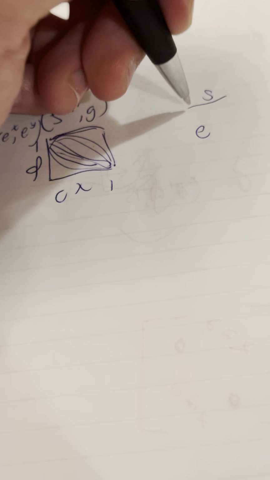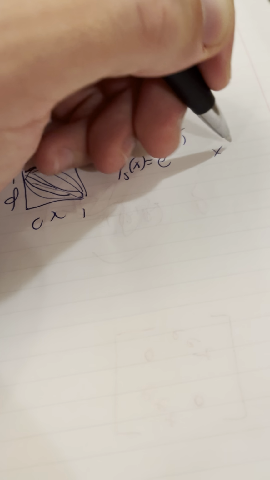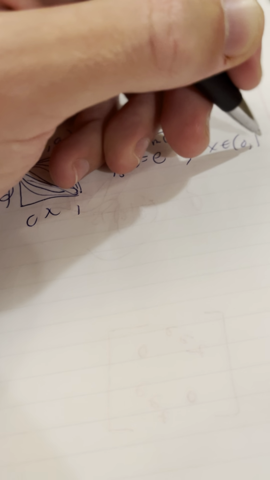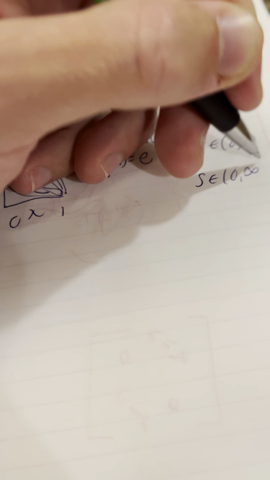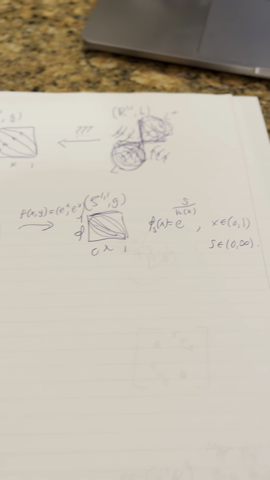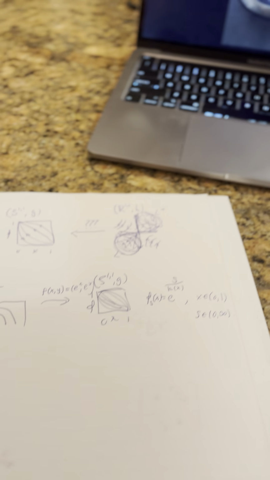You can simply, as an exercise, figure out that it would be those for x in 0 to 1, and for s in 0 to infinity. So there we have that.